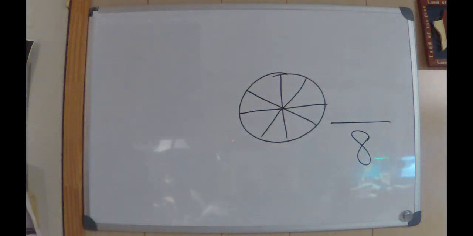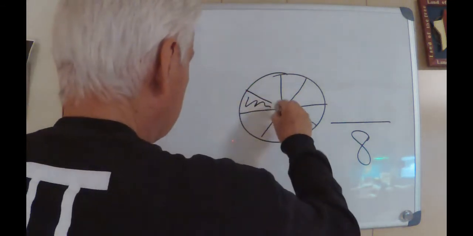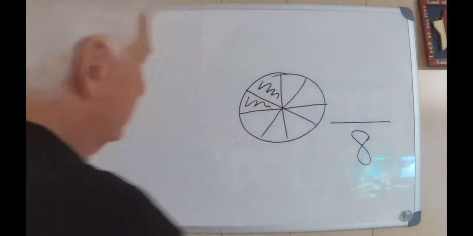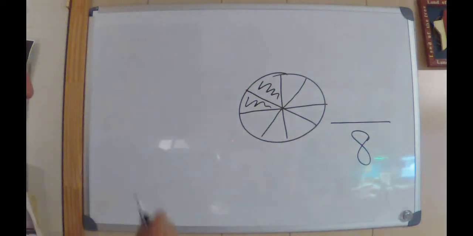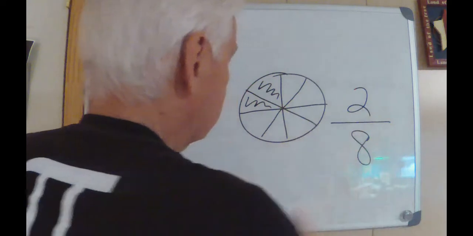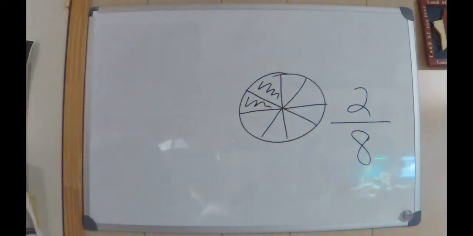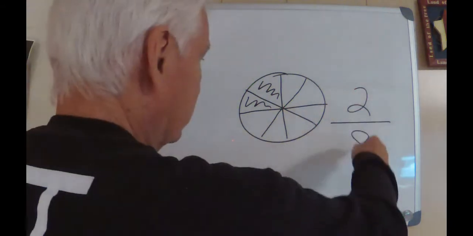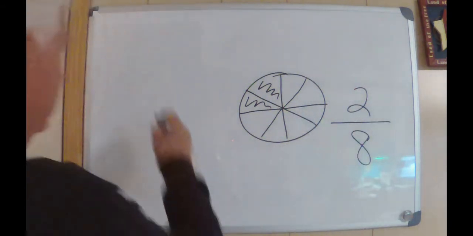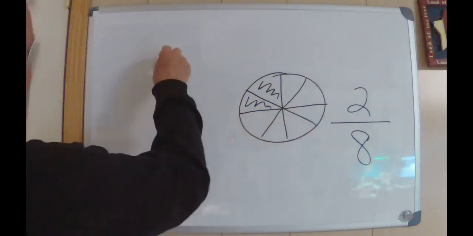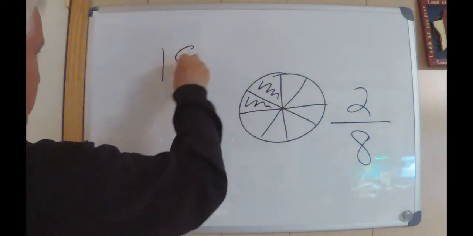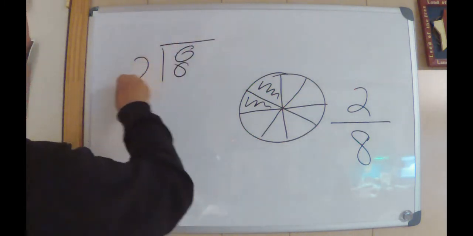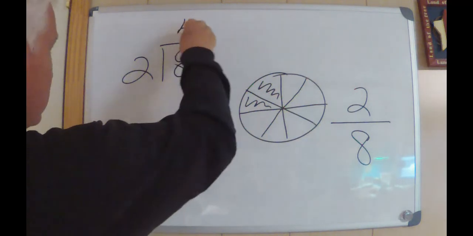And so if we said, well, if we're going to give 2 pieces to the friends, and everybody's going to get an equal amount, how many friends can we give pizza to? Well, if each person is going to get 2 out of the 8 pieces, we can just reverse this and go 8 divided by 2, and 2 goes into 8 4 times.